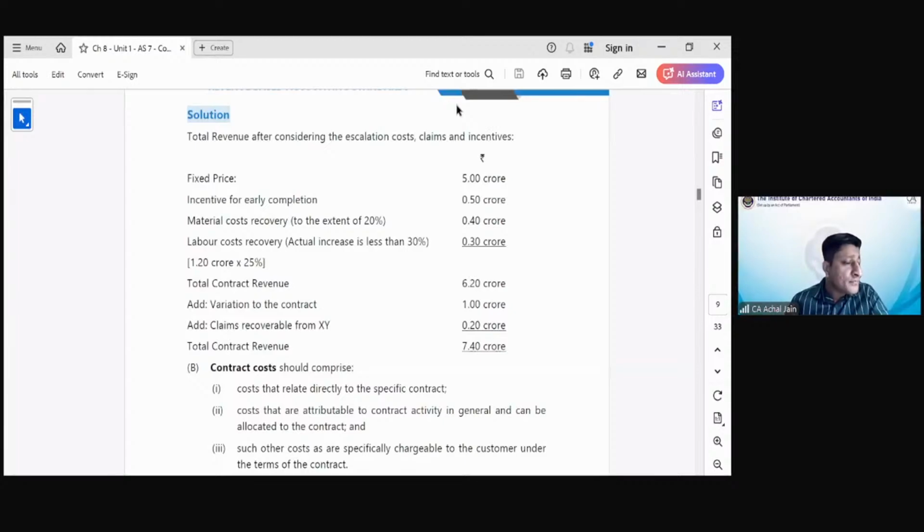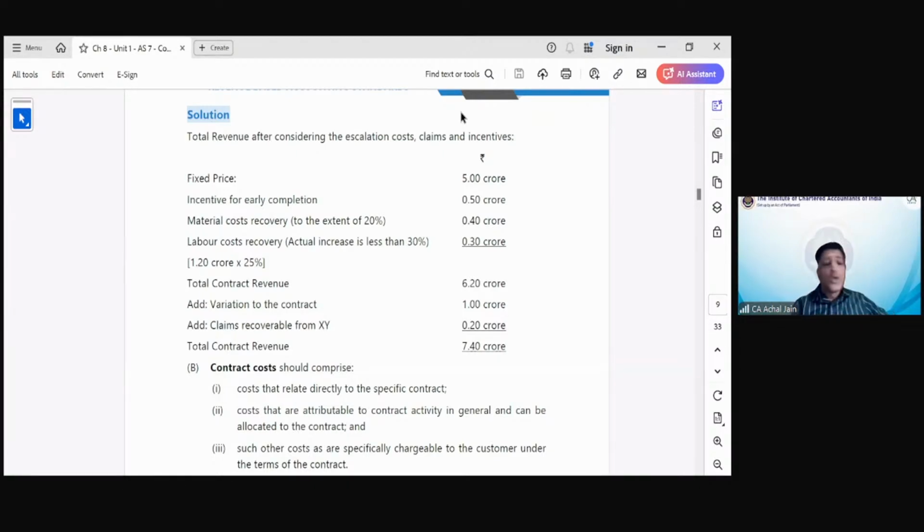Okay. Now, what was the maximum percentage agreed? 30%. Means up to 30% was acceptable. So is this increase within the range? Yes. So that's why this 25% increase you will take up. So you'll get 30 lakhs. Okay.